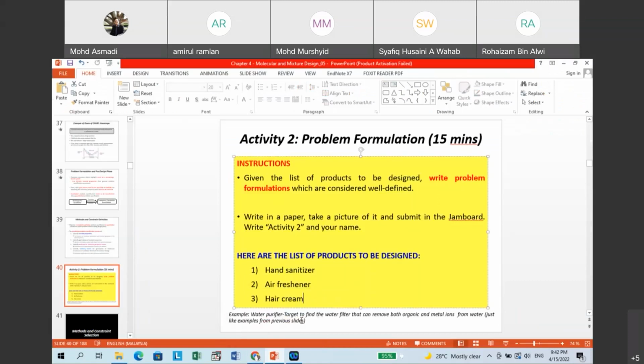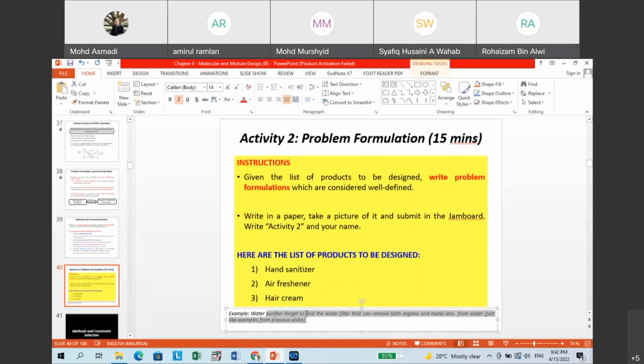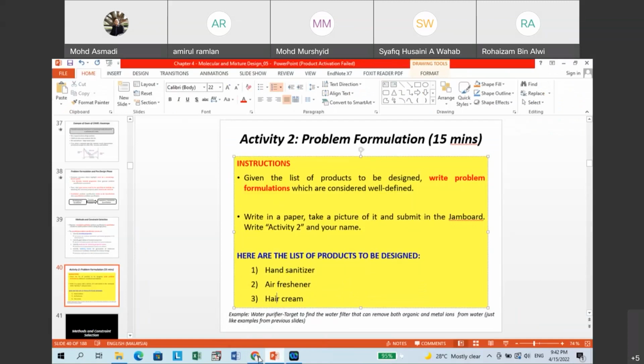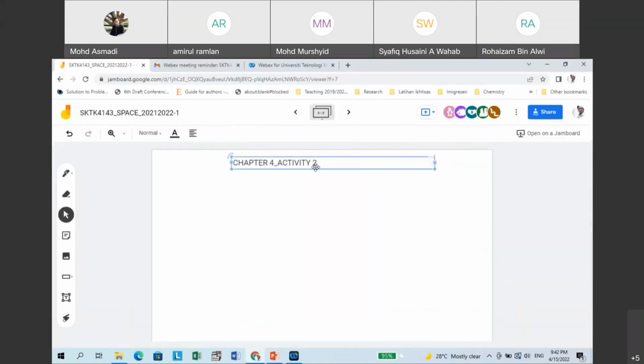Same as the water one: target to find a water filter that can remove both organic and metal ions from water. How about hand sanitizer, air freshener and hair cream? What is your target? Can you write it? Okay, standby. You can look at the internet, no problem.